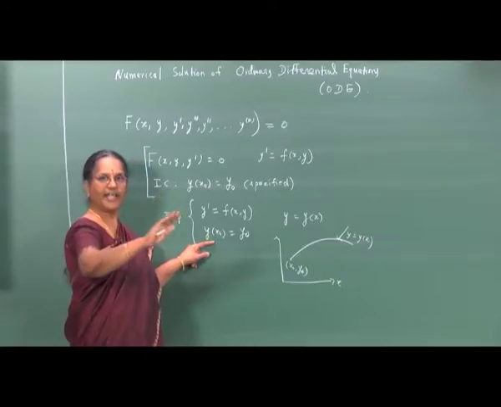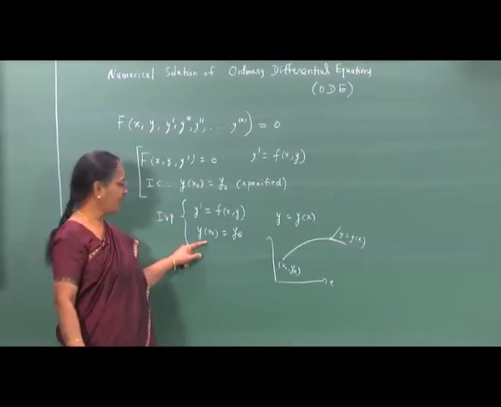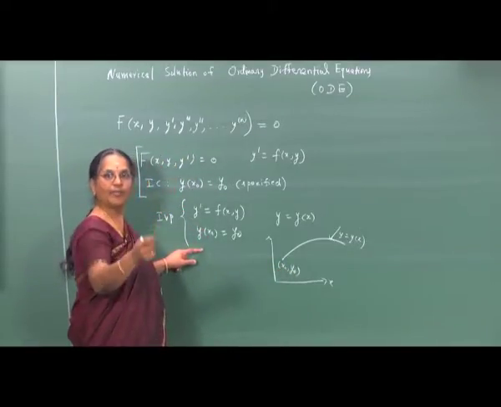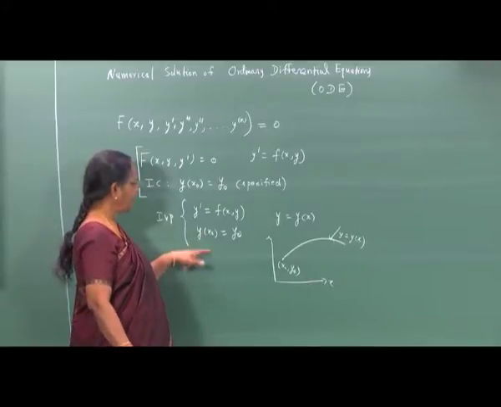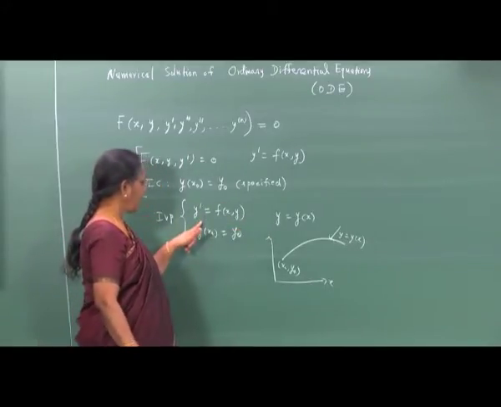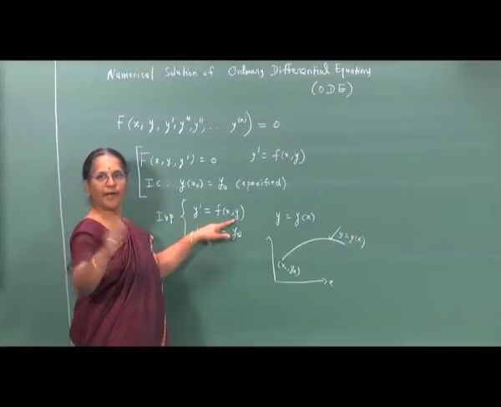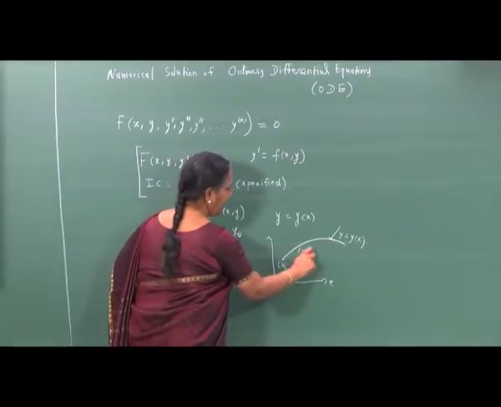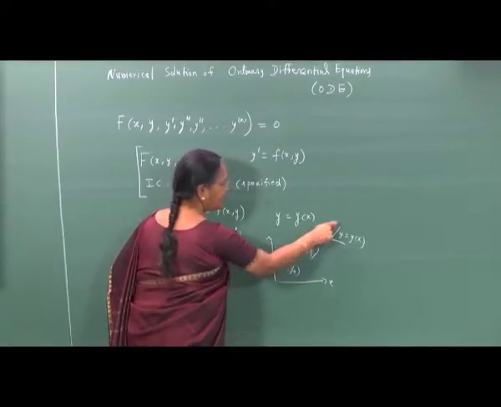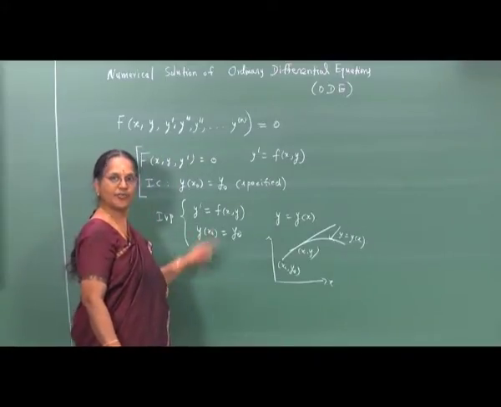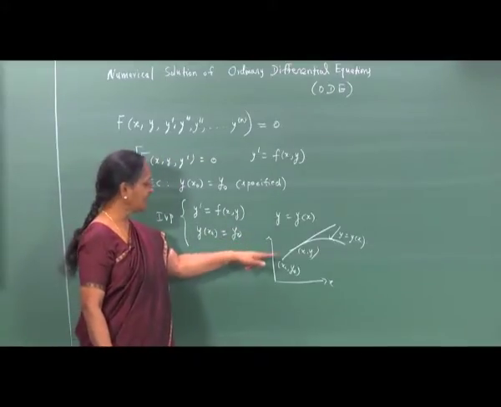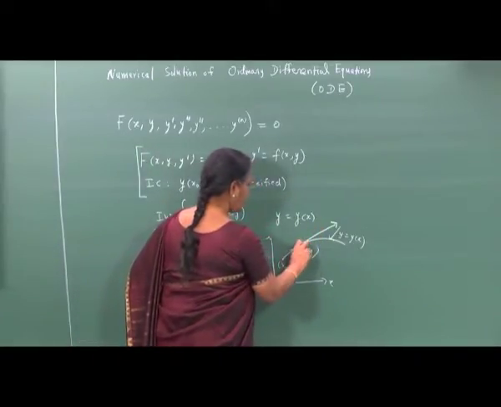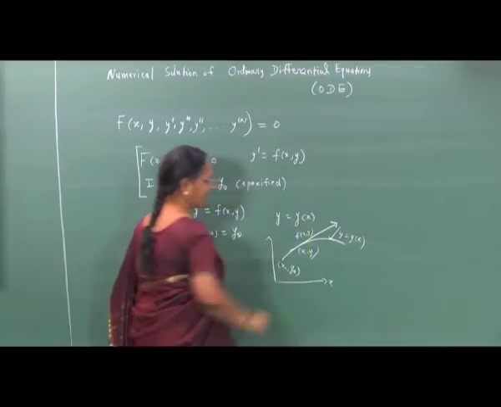So, I need to find a function y equal to y of x which passes through the point x naught comma y naught, and what more is given to us? We are given that the derivative of y is f of x comma y at any point x comma y on that solution. So, if I take any typical point x comma y, then the derivative represents the slope of the tangent to the solution curve y equal to y of x at that point x comma y. So, the slope of the tangent is given by f of x comma y.